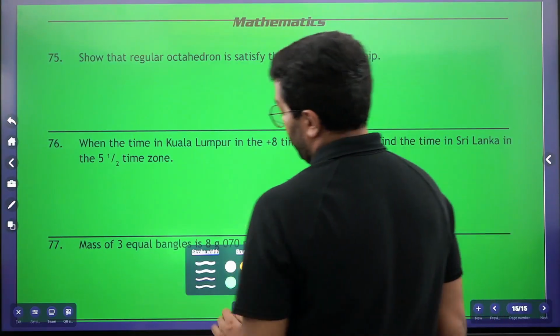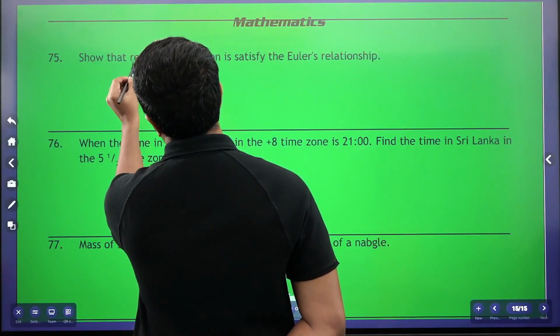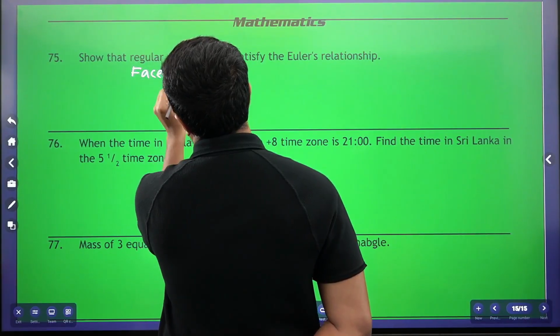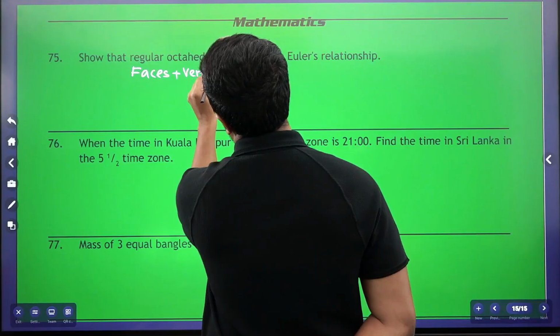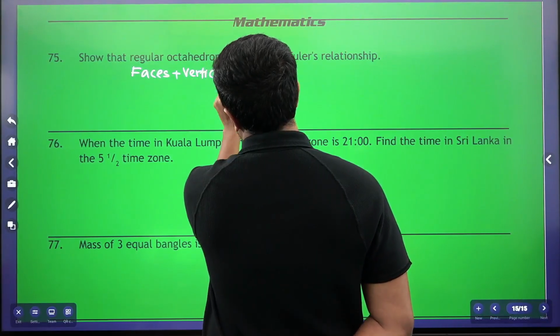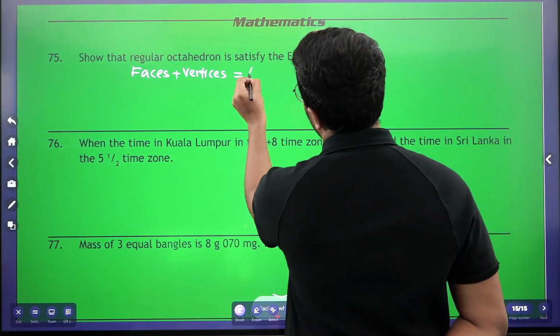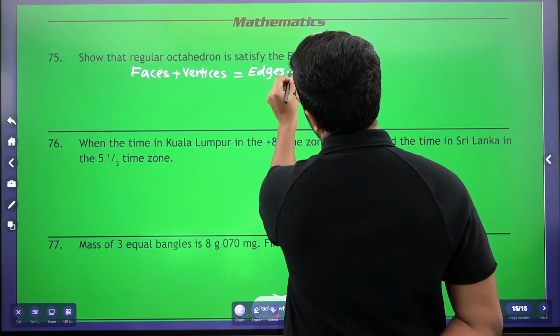When you consider a solid, the number of faces and the number of vertices, the sum of faces and vertices, should equal the number of edges plus 2.